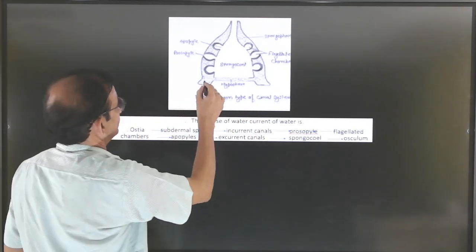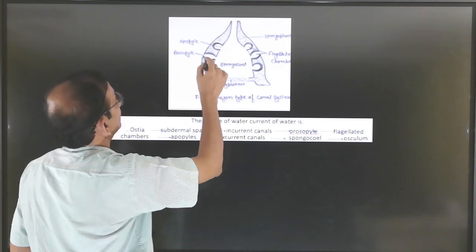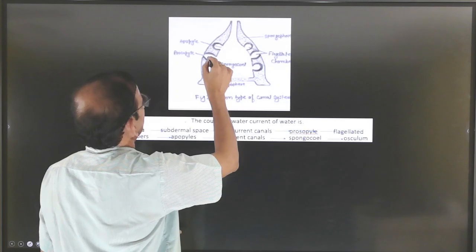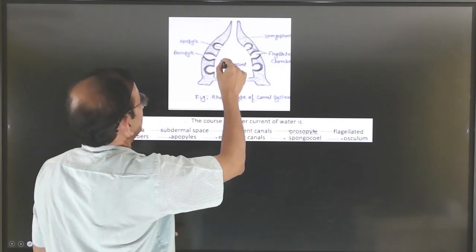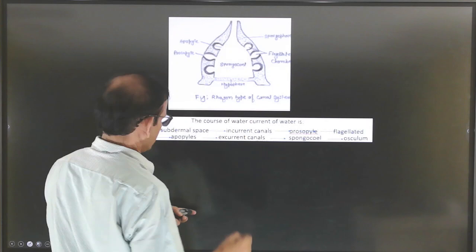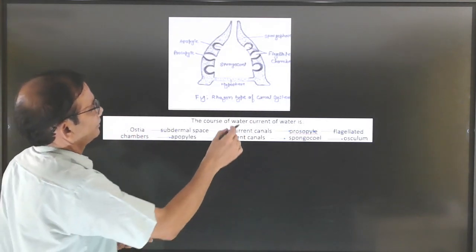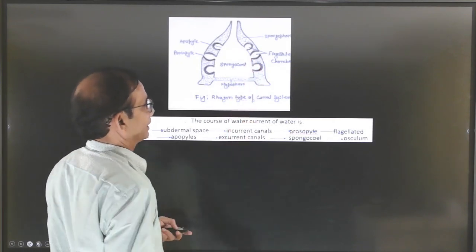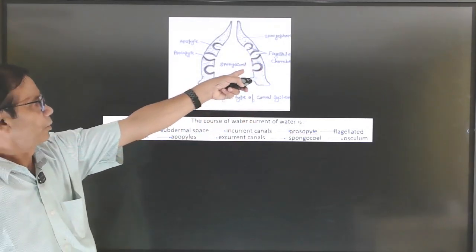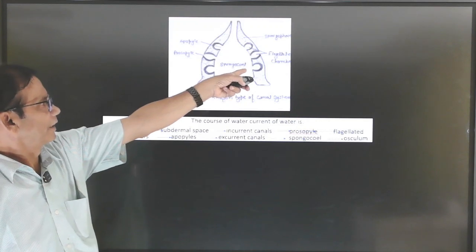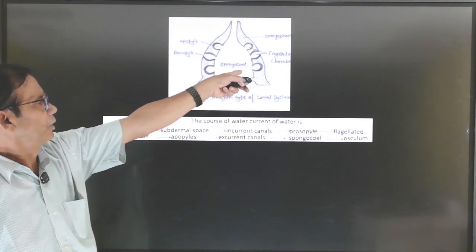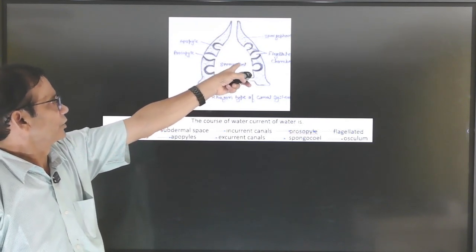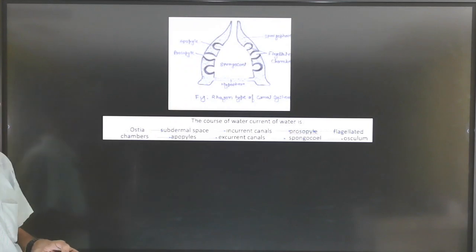Here are the subdermal spaces, and from the subdermal space, the water goes through incurrent canals, then through prosopyles to the radial canals, which are the flagellated chambers. It moves through apopyles to excurrent canals, and then through internal ostia, through the spongocoel, and ultimately moves outside.